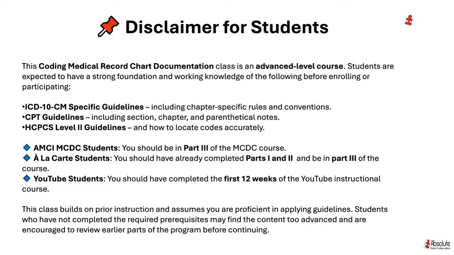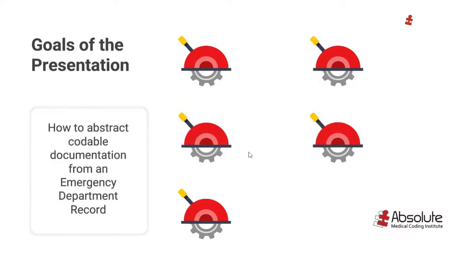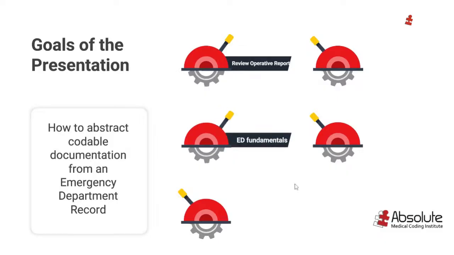Just want to let you know that this is an advanced course, and the goals of this presentation today: we're going to learn how to abstract codable documentation from an ED record. In other words, we're going to code an ED record. We are going to review the homework from last time, which was an operative report.